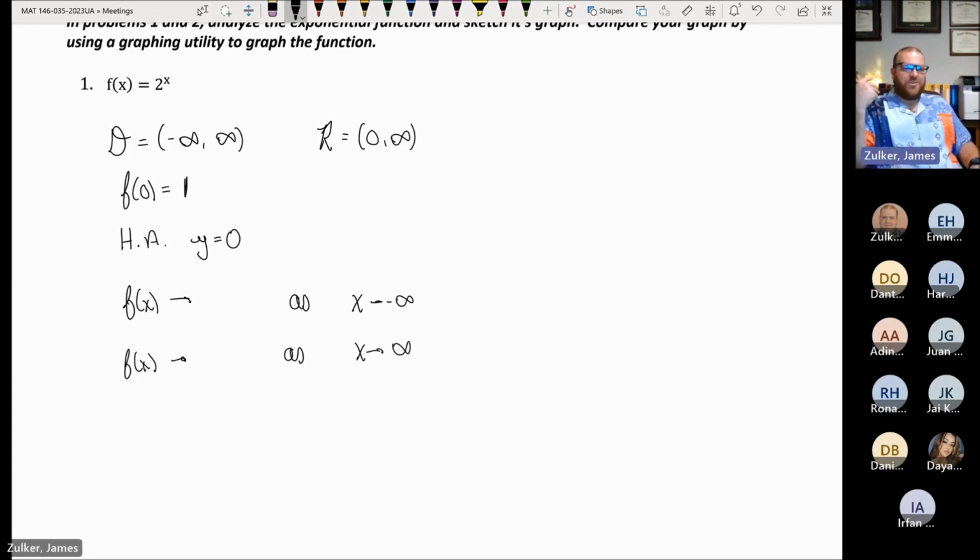That also gets larger, doesn't it? So as x increases without bound, so does f of x. 2 to the x is just going to keep getting larger and larger.